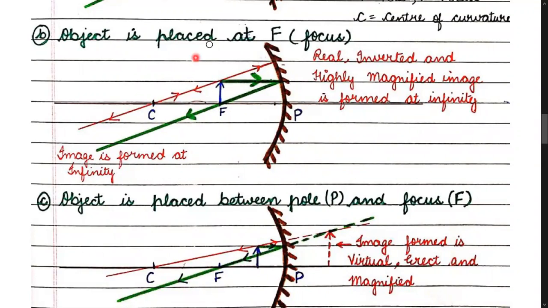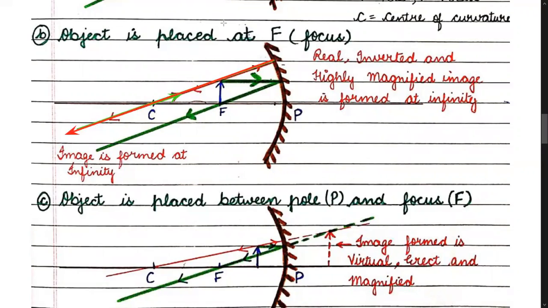Just join the 2 points. And if you join the 2 points and strike it on the mirror, this is the ray which is passing through the center of curvature, and after striking the mirror, it reflects back in the same direction.